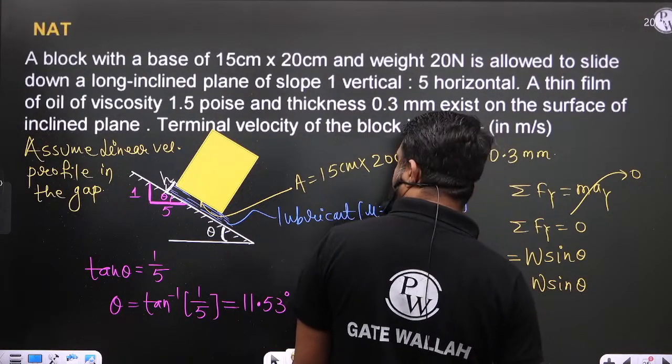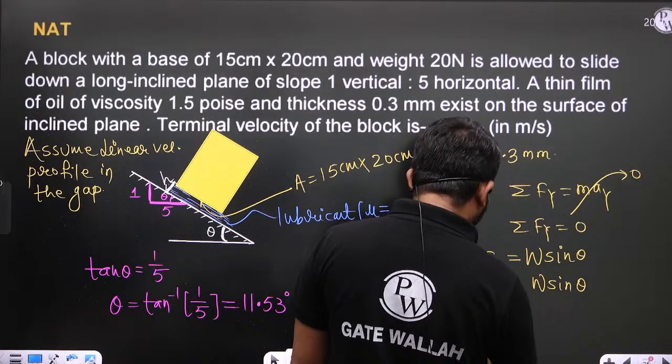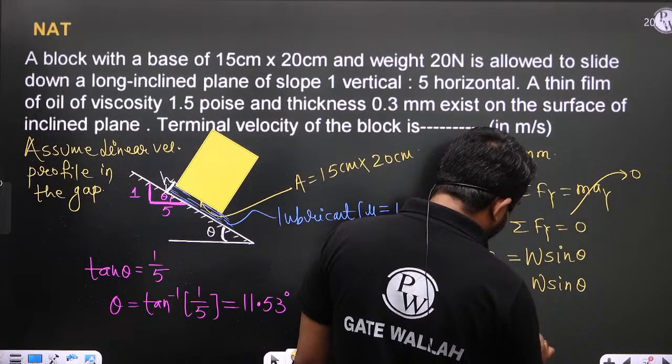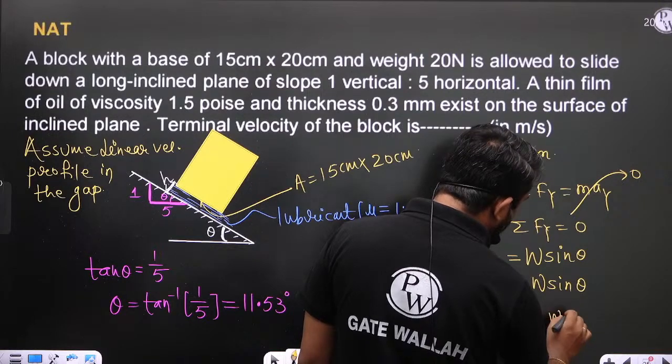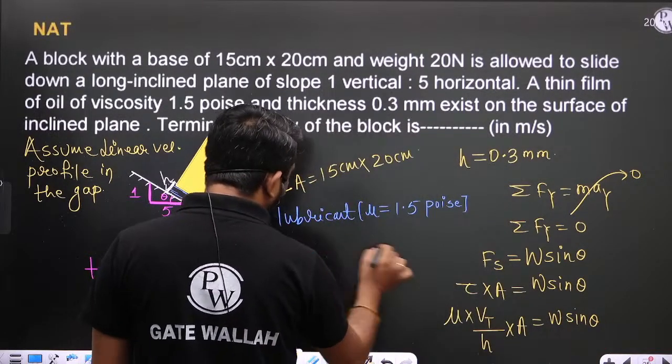Fs is tau multiplied by A, equal to W sine theta. And tau is mu multiplied by (Vt minus 0) divided by gap, so mu (Vt/h) A is equal to W sine theta. Okay, so calculate terminal velocity from here.